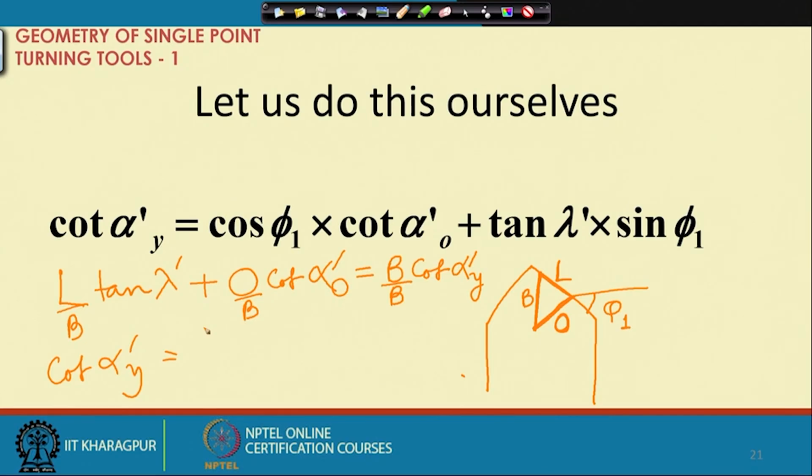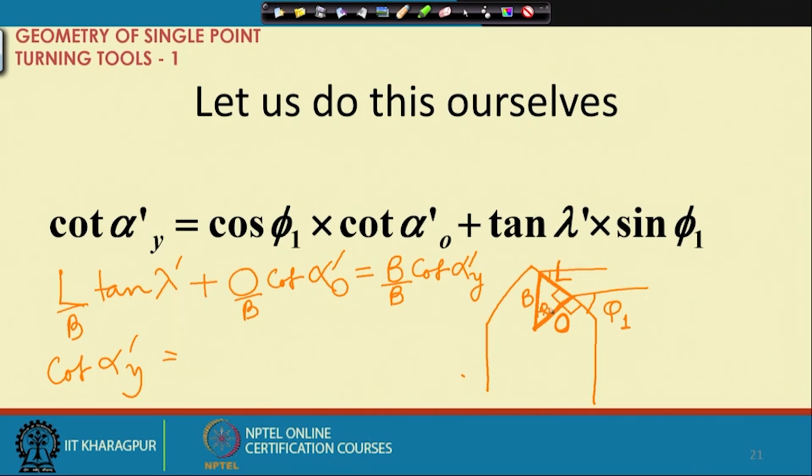Right, L by B. Since this is phi and this is a right angle, no, that does not seem to be a right angle. Yeah, this is a right angle, this is also a right angle, and this is phi, right. If this is phi 1, this must be phi 1. So, this is our angle of interest.